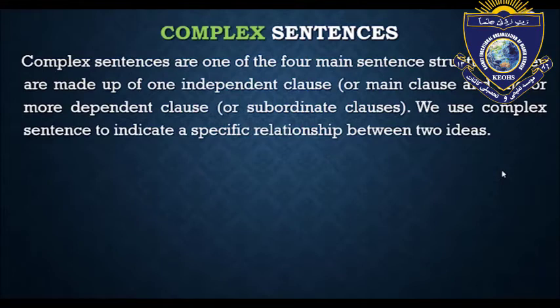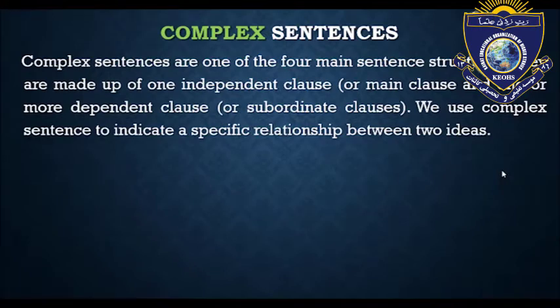It cannot stand on its own to form a complete sentence. Repeat it again, guys. This is called a dependent clause.